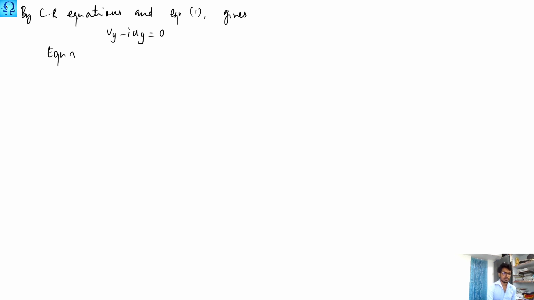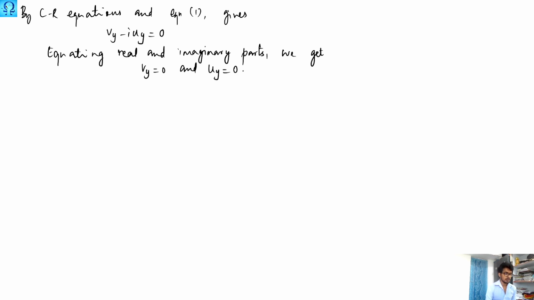Next we observe that the Cauchy-Riemann equations and equation 1 give v_y minus iota times u_y is 0. Again equating real and imaginary parts, we get v_y is 0 and u_y is 0.